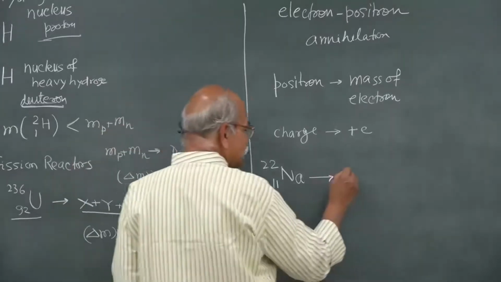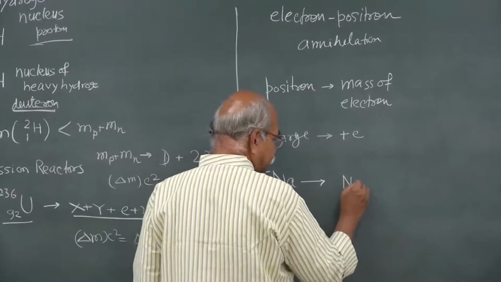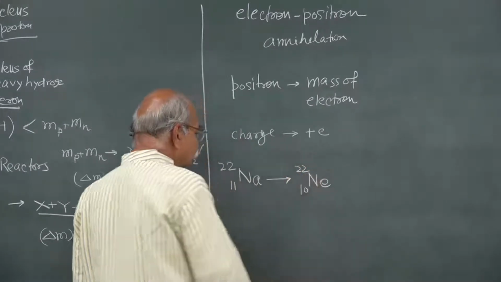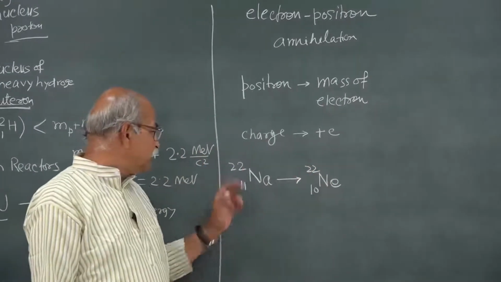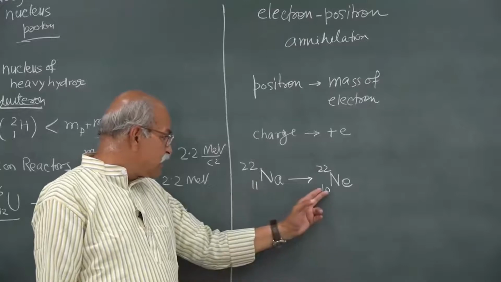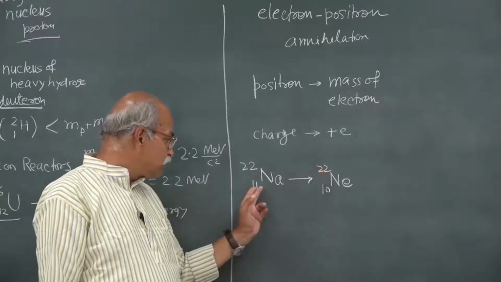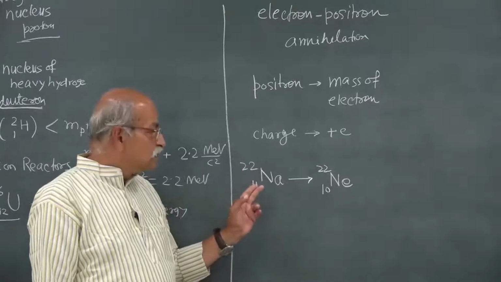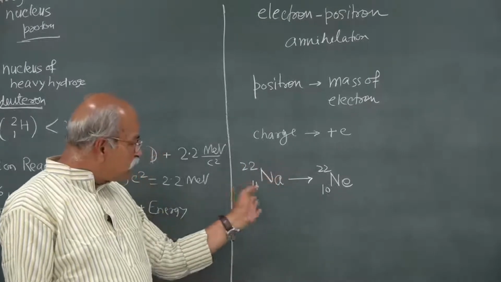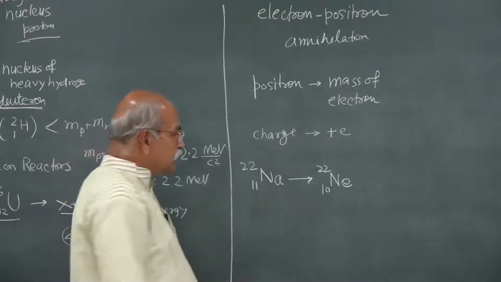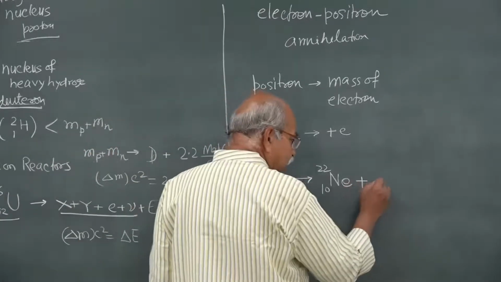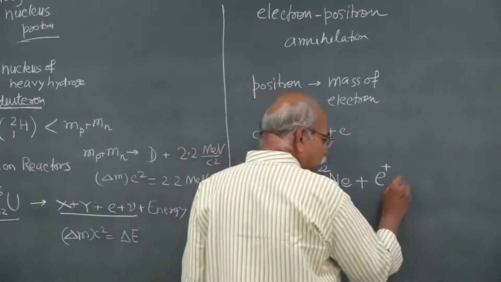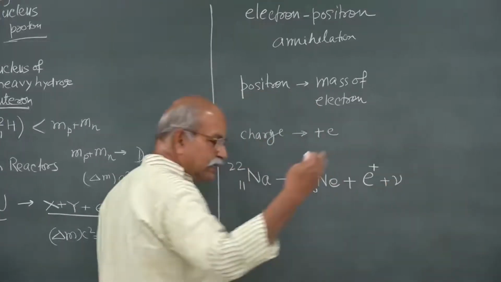So, this becomes neon 22, because here you have 11 protons and 11 neutrons, and here you have 12 neutrons, because one of the protons has converted itself into a neutron. And when a proton converts into a neutron, another particle comes out, the positron, along with some neutrino and energy and so on.